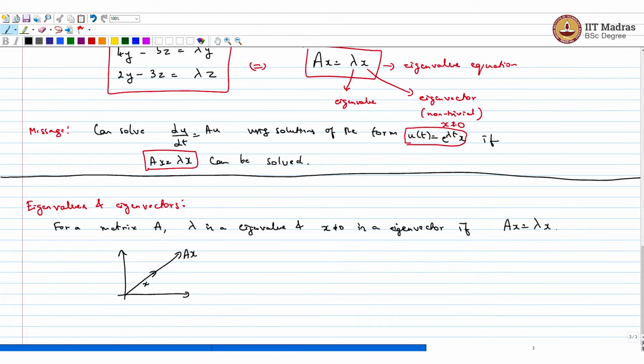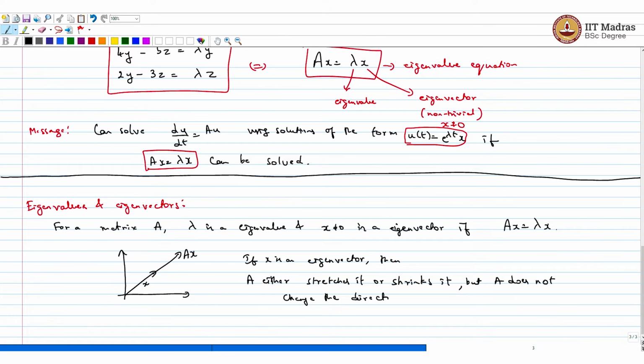If x is an eigenvector, then A either stretches it or shrinks it, but A does not change the direction of x. So, that is the eigenvalue and eigenvector definition.